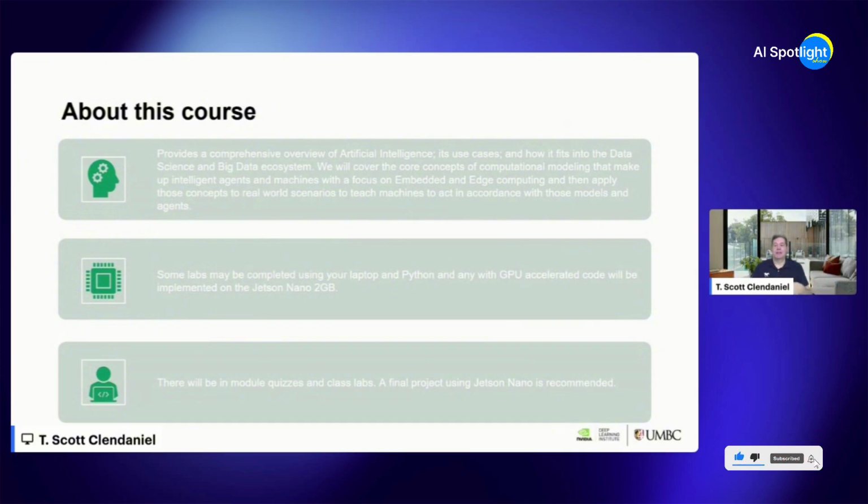Specifically with this class, one of the things we're going to be looking at is not how you're going to do all those computations just within the cloud or in your internal architecture, but how you're going to be able to push some of those things out.